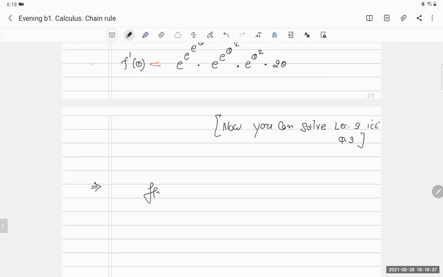So just suppose f(x) is e की power 10x plus 1. Okay, tell me, what is f dash x? Sir, e to the power 10x plus 1 into sec square x plus 1.